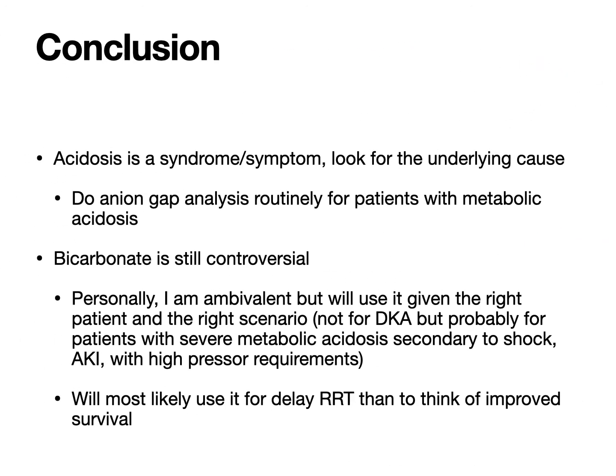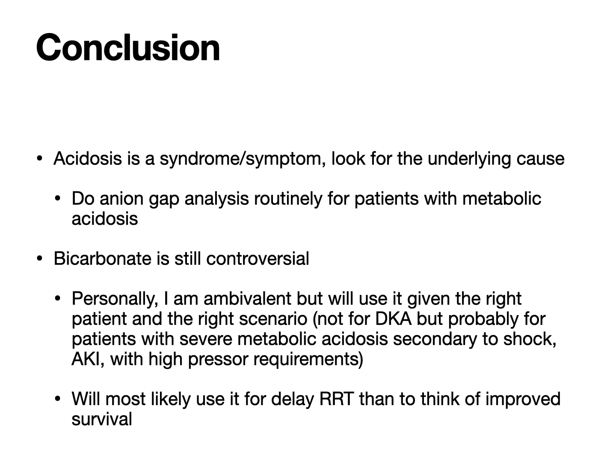Now, to conclude this talk, I'd like to hammer in a few points. Number one, acidosis is a syndrome or a symptom. It's not the actual disease that we label. It's a sign that something else is going on.